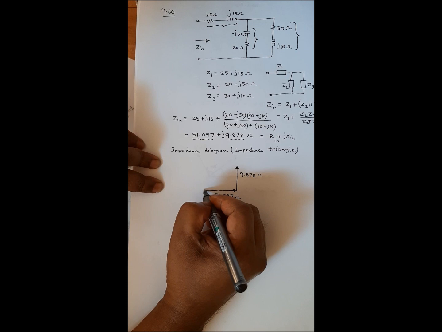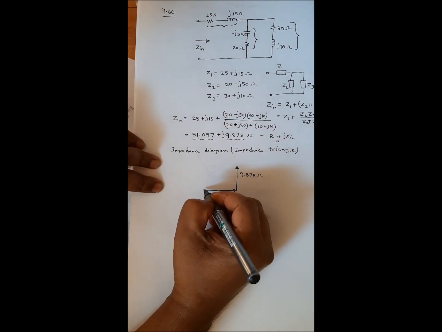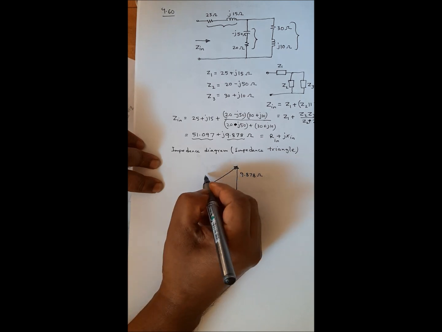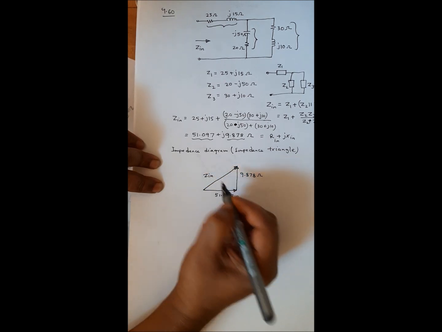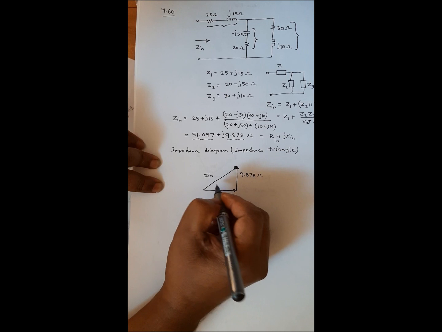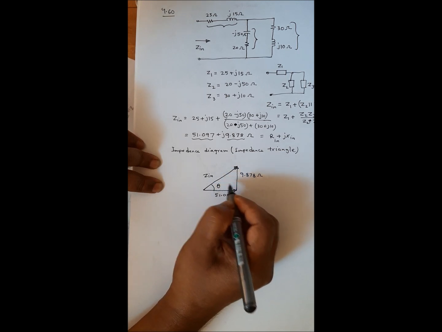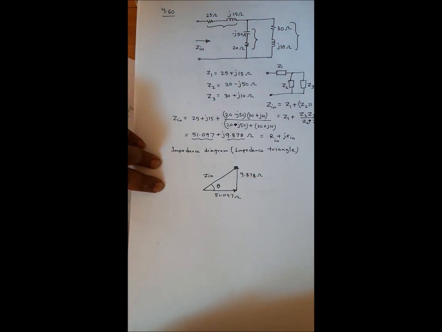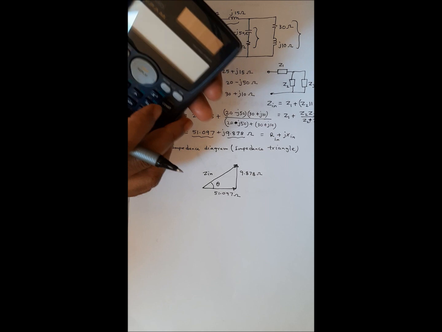Now if I find the resultant of this, that means the impedance Zin. So this is my Zin, and the angle here we can find by converting to polar form.